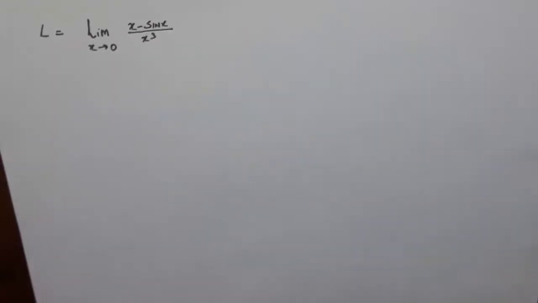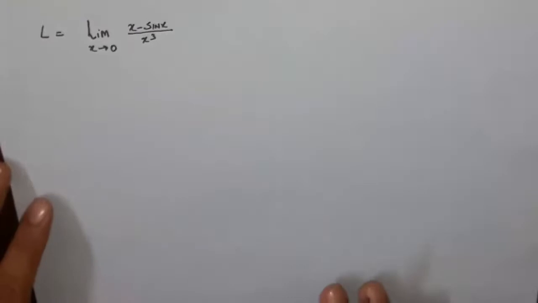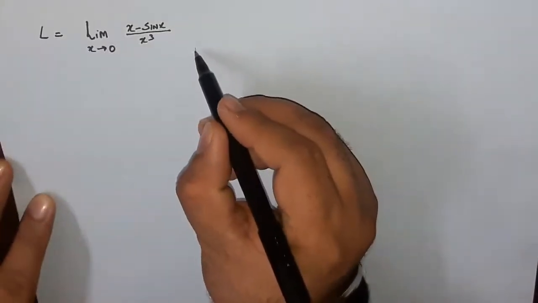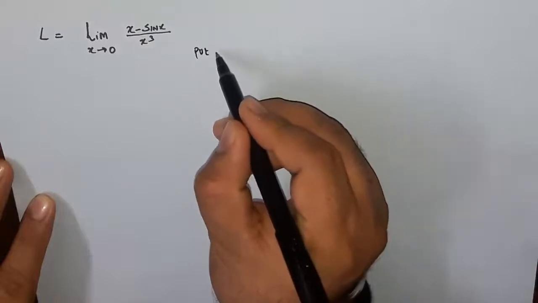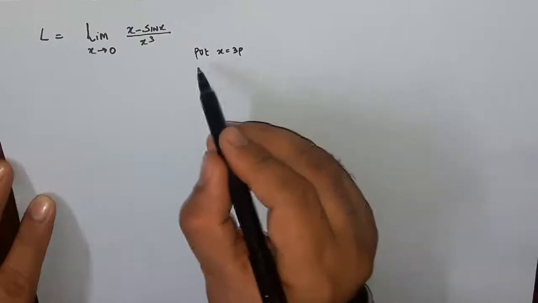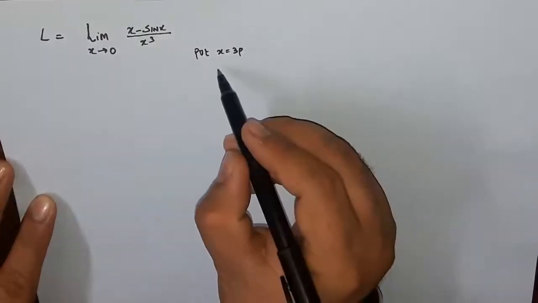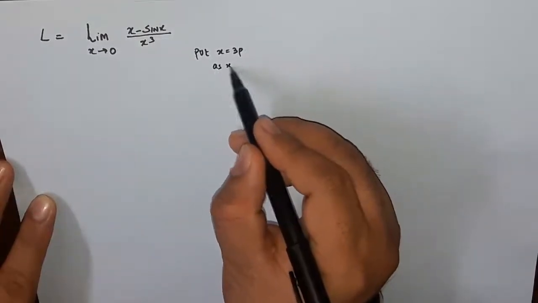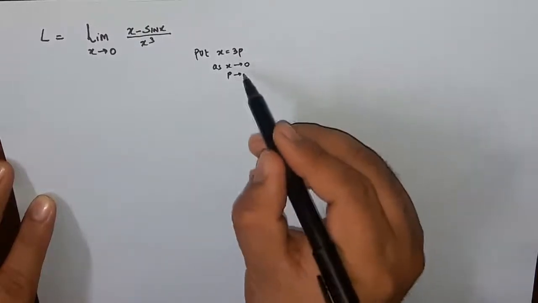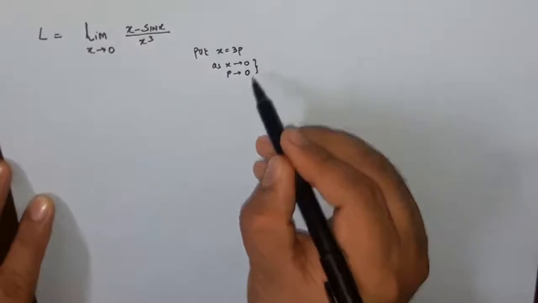Okay, right. So first of all, I have assumed that the limit as x tends to 0 of (x minus sin x) upon x cube is equal to L, right? So in this question, first of all, I assume that x equals 3p. If we assume that x equals 3p, it doesn't affect the limit, because as x approaches 0, p approaches x by 3, that is 0 by 3, that is 0.